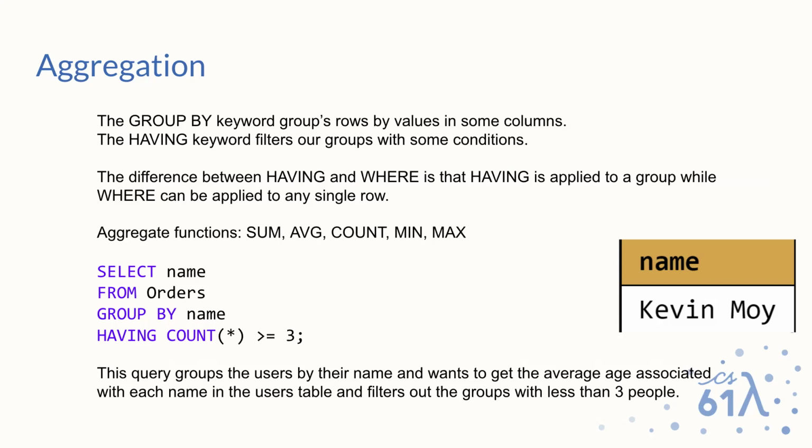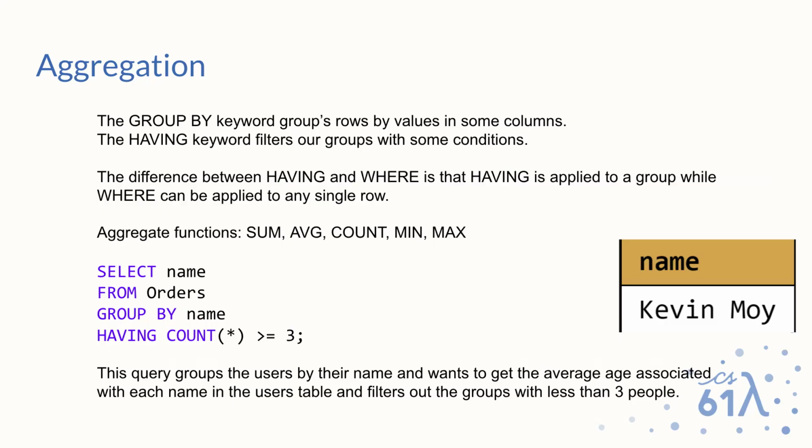Yeah, so GROUP BY takes every unique element in the name and gives it a separate group. We don't have a table for this, but what I like to think it does is take every unique element of name and give each name a separate table.